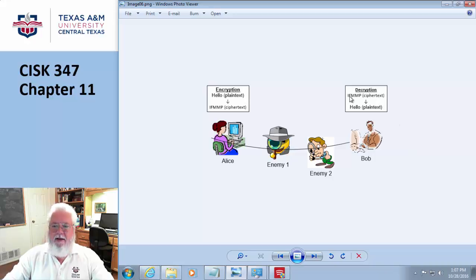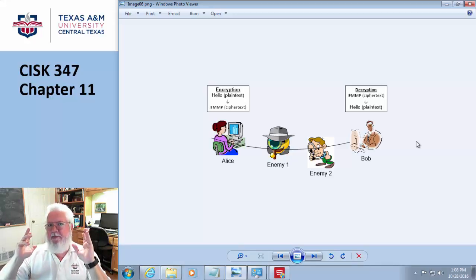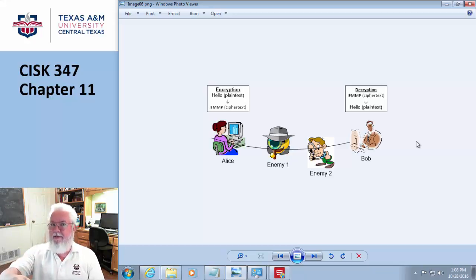So he gets IFMMP, types in the password kumquat, and out pops hello. So it's a shared key, a shared password. Both the sender and the receiver have to be using the exact same thing. This is really no different than the key to your house. You use the key to open the lock, and you can use the same key to lock the lock, right? One key both unlocks and locks your house. Cool. That's symmetric.